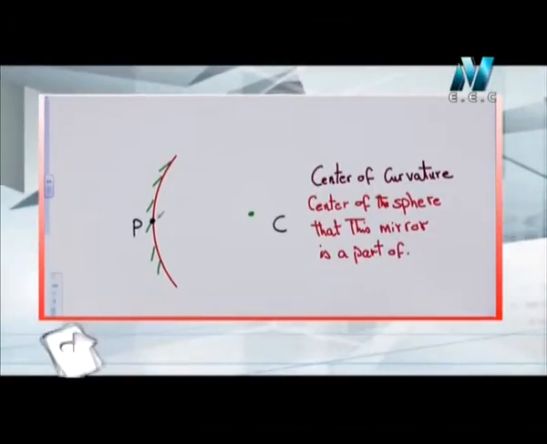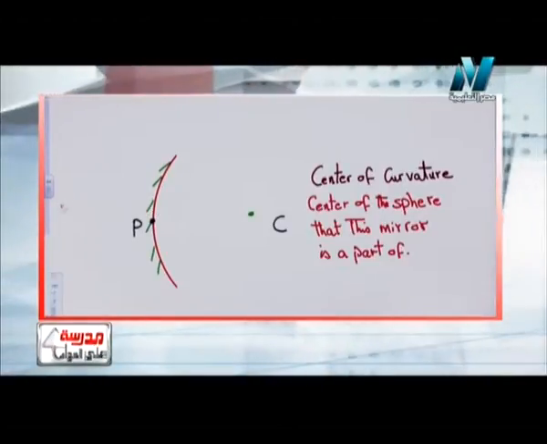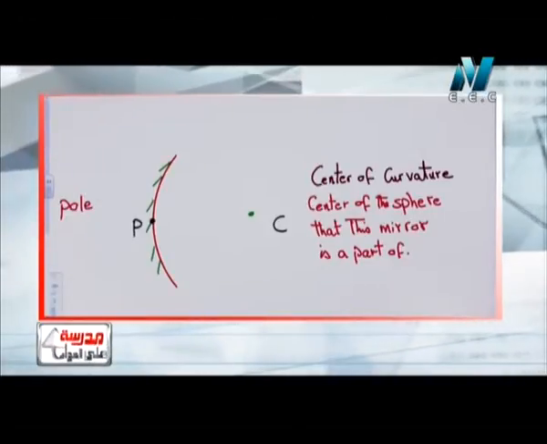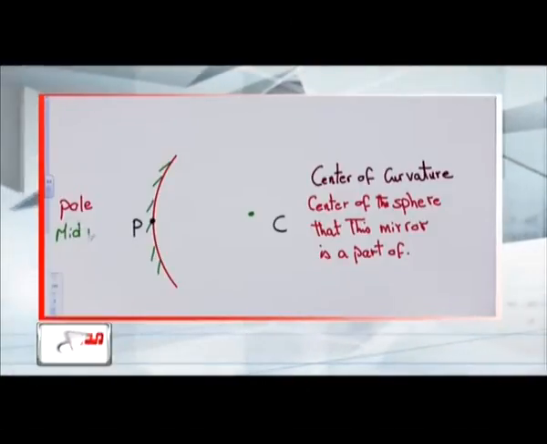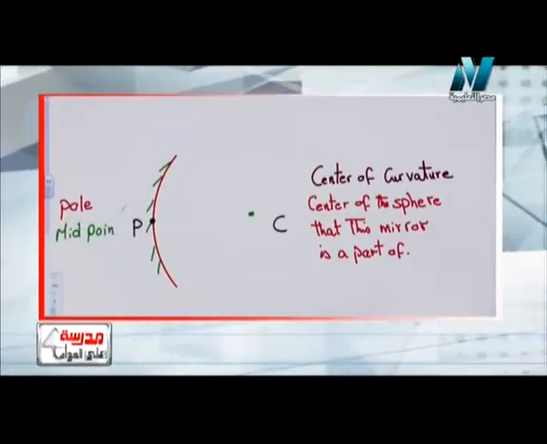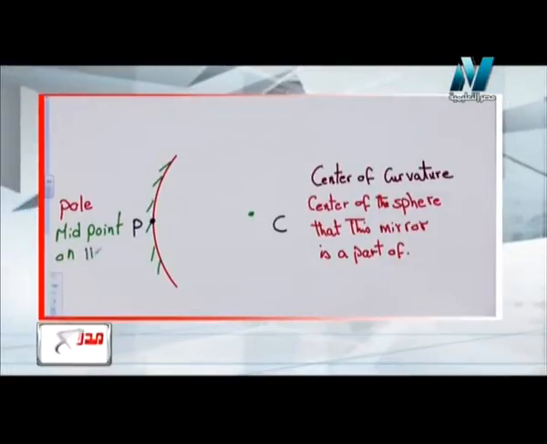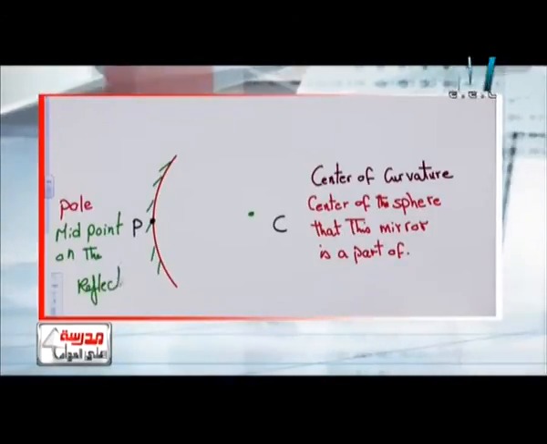At the same time we have here P. P means pole of the mirror. What is meant by pole of the mirror? It is the midpoint on the reflecting surface.